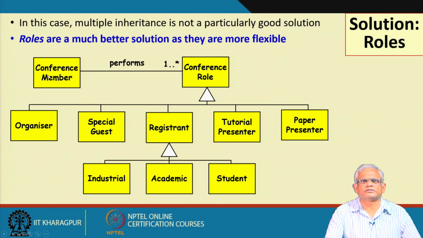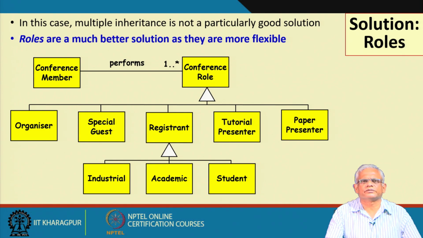We have the conference member, who has several roles: can be an organizer and a tutorial presenter, can be a registrant, academic registrant and paper presenter, a student and a paper presenter, and so on. So, the conference member is one hierarchy and the conference role has another hierarchy.